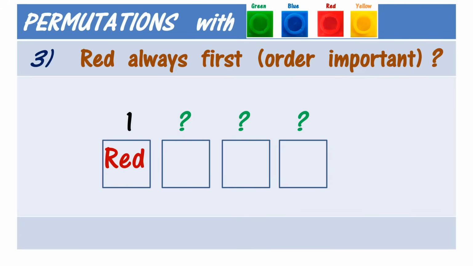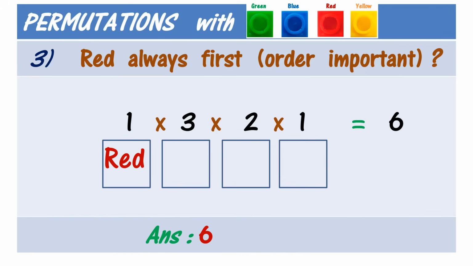I like this one. If I have 4 possibilities, I make 4 boxes. And if one of those possibilities is already decided, then I put whatever that is in the box. So you see there, red goes in the first box, and I put a 1 over the top. Then for the next box, there would be 3 possibilities. And the next one, 2. And the last one, 1. And the answer is 6.